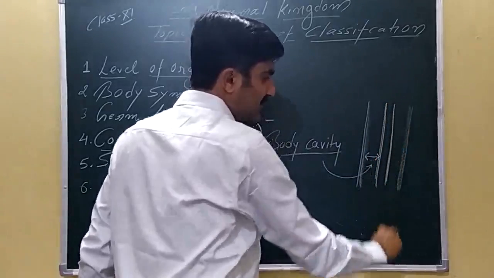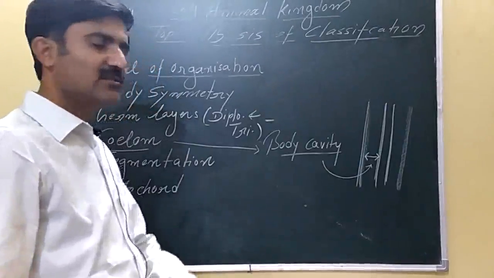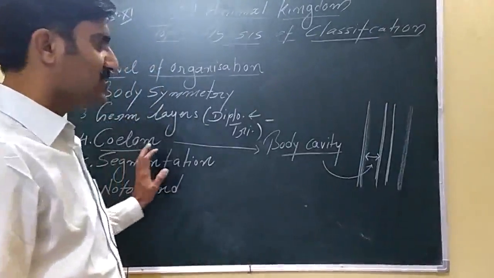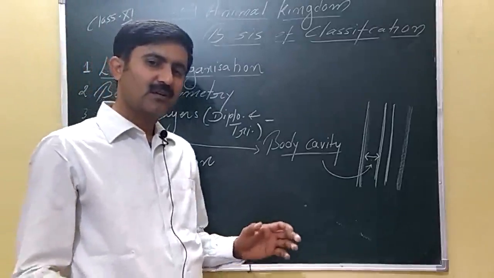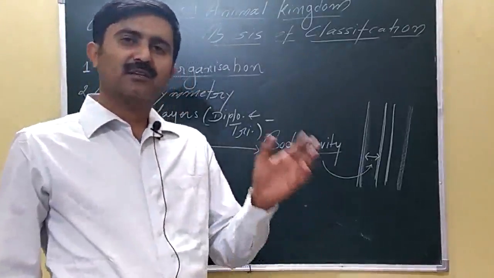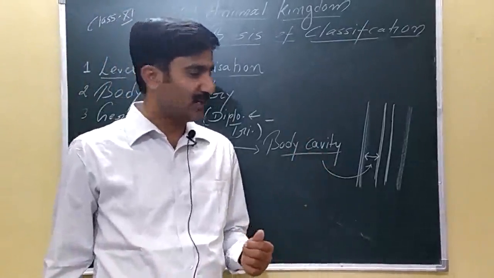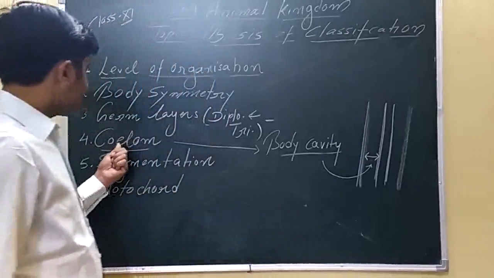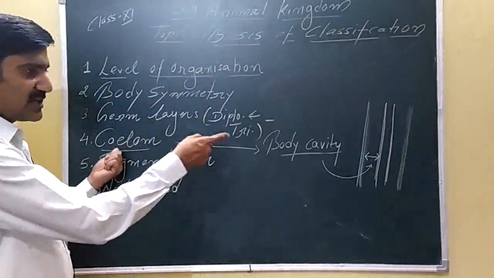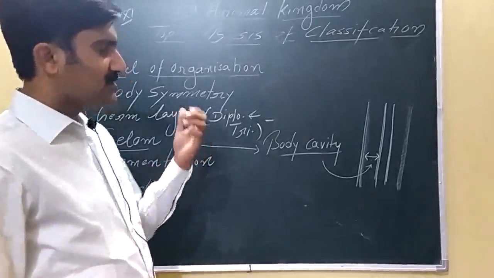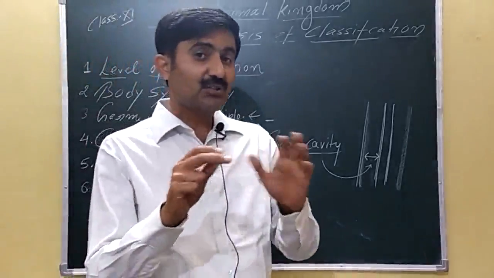The cavity which is the intestinal cavity is not considered as the coelom. So coelom is the gap or space present between the inner lining of the body wall and the outer lining of the intestine. So on the basis of the presence or absence of cavity, we classify animals into three categories.